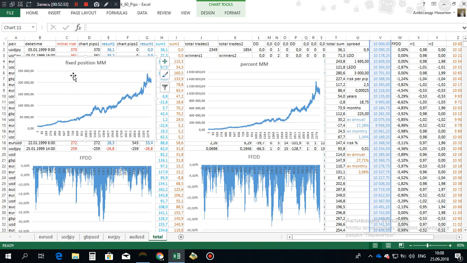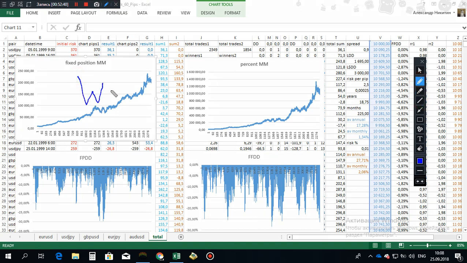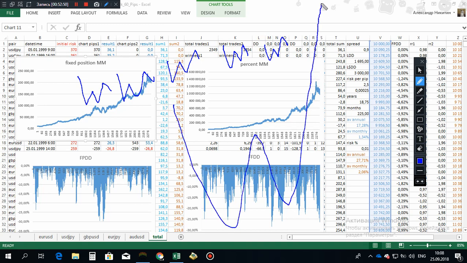When you use fixed position size, for example, you have a small winner, a small winner, a small winner, and then you have an enormous loss. You see that? 1, 2, 3, 4, 5 winners were all wiped out by this enormous loss.